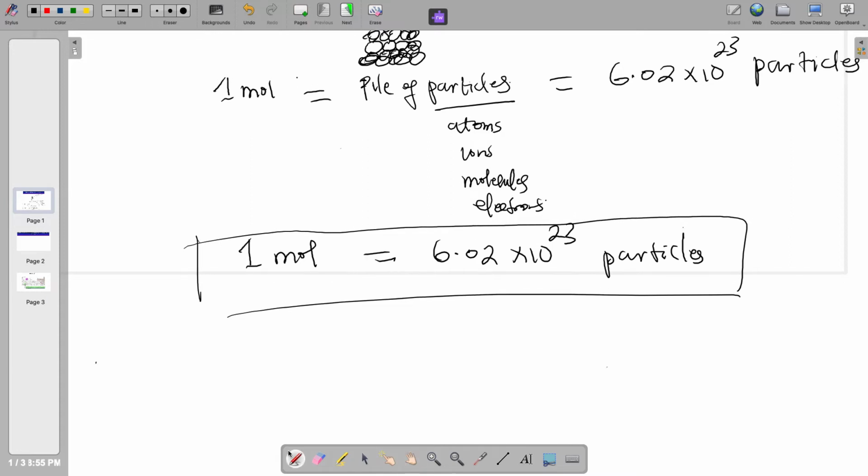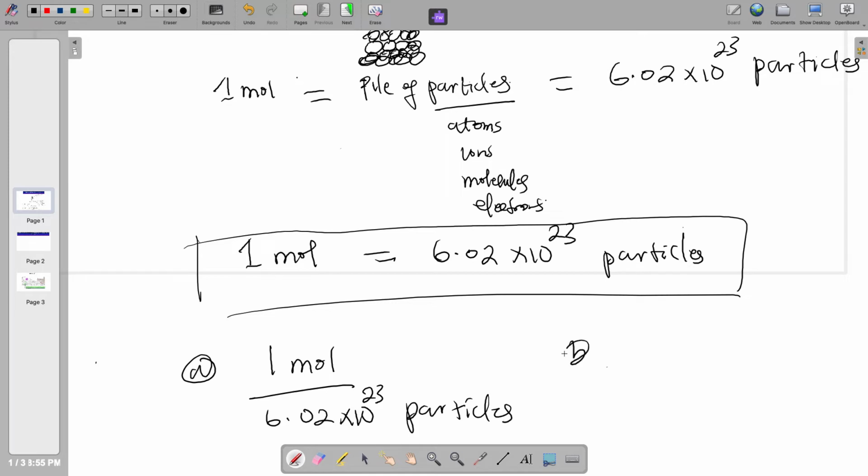The first conversion factor, which is just a ratio of 1 over the other, we'll say 1 mole over 6.02 times 10 to the power 23 particles. And our second conversion factor, which is the second ratio, called B, is just a flip of the first. So we'll have 6.02 times 10 to the power 23 particles over 1 mole.